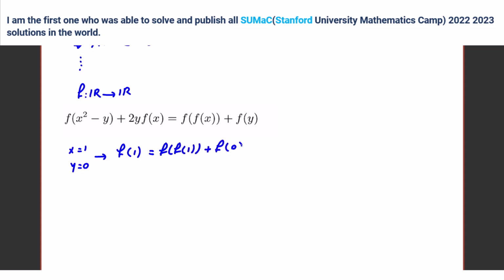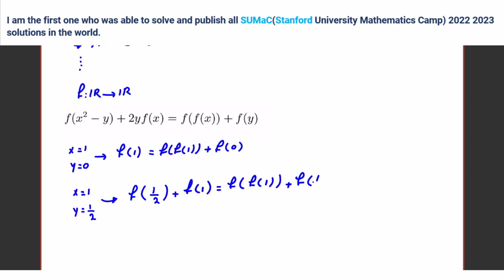And then I plug in x equals 1 and y equals 1 half. I get f of 1 half plus f of 1 equals f of 1 plus f of 1 half. Then combining this, because these two are equal, f of 0 is 0, right?